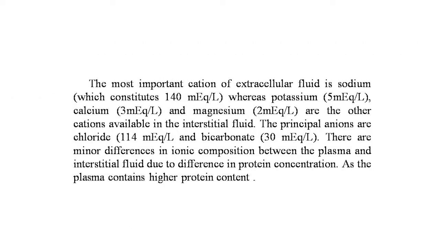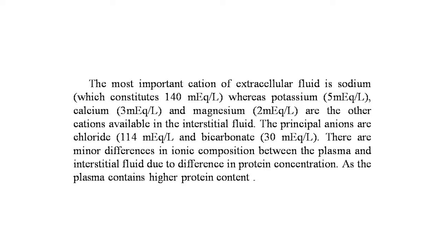The most important cation of extracellular fluid is sodium, which constitutes 140 milliequivalents per liter, whereas potassium 5, calcium 3 and magnesium only 2 milliequivalents per liter are the other cations available in the interstitial fluid. The principal anions are chloride, that is 140 milliequivalents per liter, and bicarbonate 30 milliequivalents per liter.